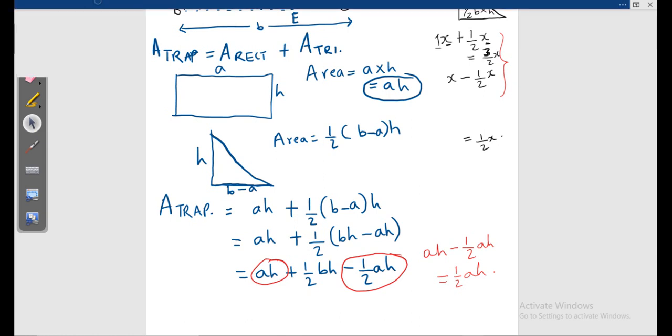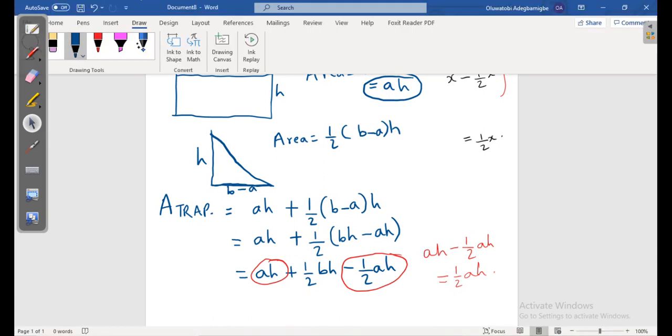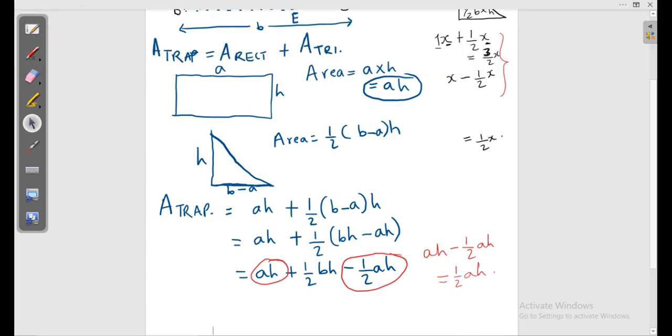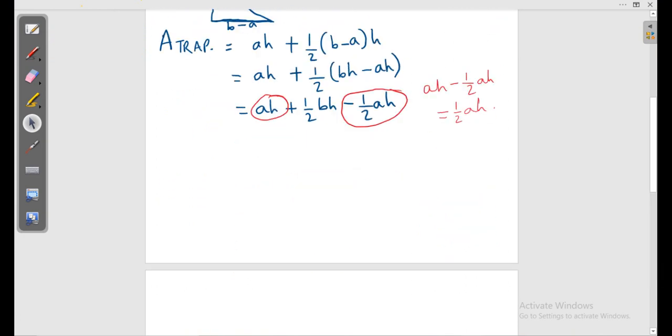Having said that, the next thing we will do is to put it into our result. Since we know that the area of a trapezium is the area of the rectangle plus the area of the triangle, and we've done that already, ah minus half ah will give us 1 over 2 ah plus 1 over 2 bh.